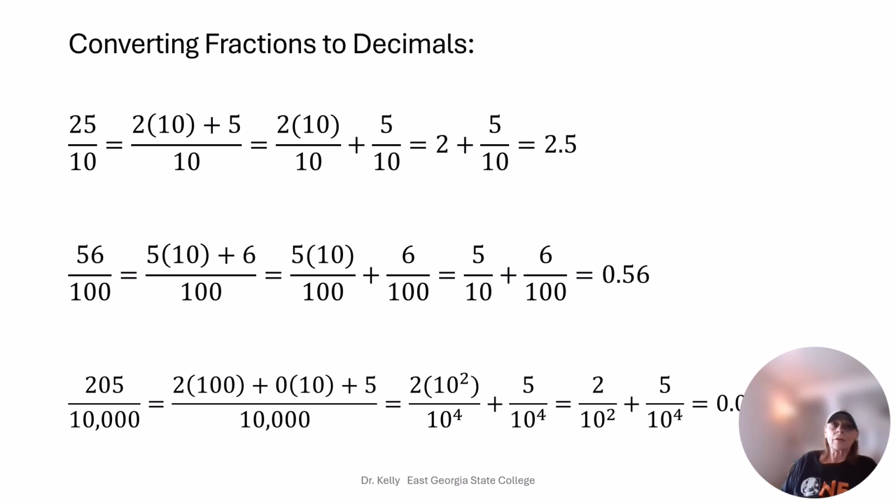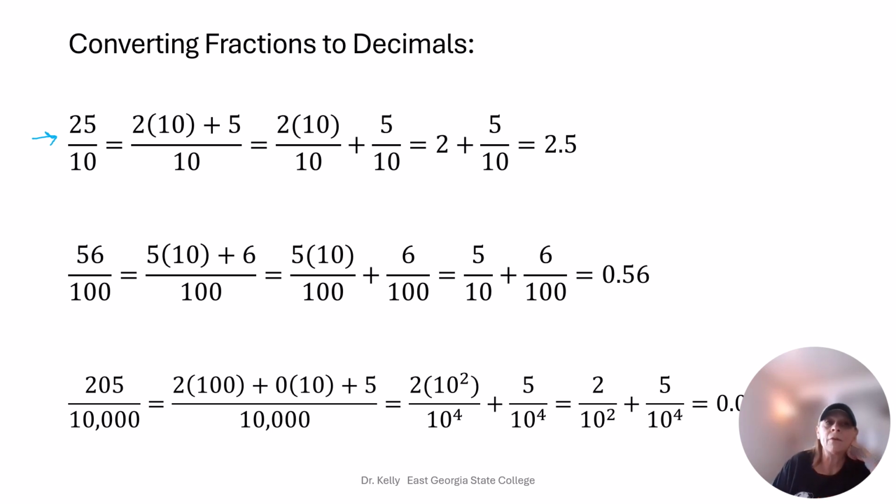Okay, let's look at converting fractions to decimals, kind of the technical way here. And I'm going to be using the expanded, oh, sorry, my foot's asleep, using the expanded algorithm. So first things first, I took our 25 over 10 and I rewrote 25 as 2 times 10 plus 5, putting it in that placeholder form, right? And then I split them into two pieces.